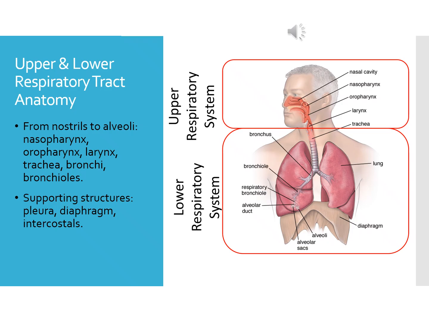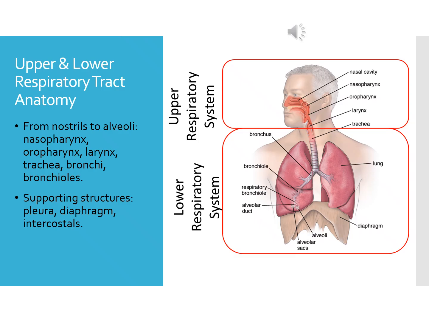Okay, so first we're going to go ahead and go through a little bit of the anatomy and physiology of the respiratory tract. We are going to split it up into the upper respiratory tract and the lower respiratory tract. So the upper respiratory tract is mainly responsible for bringing air into the body, helping to filter it, clean out some of the debris that might be in the air, warm it, and humidify it before it reaches the lungs.